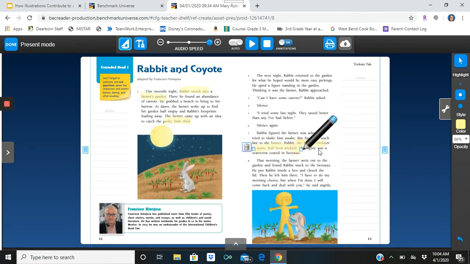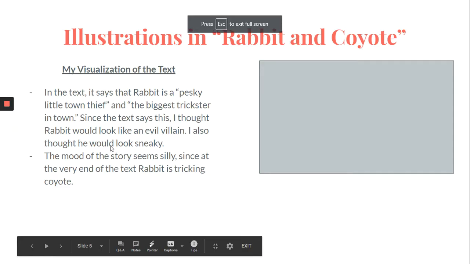So now, not only am I thinking of him as a pesky little thief, a sneaky rabbit, but he's a trickster. So in my head, I'm really confirming that he is not the greatest guy, not the greatest rabbit. So maybe that picture should reflect more of an angry rabbit, or a sneaky rabbit.